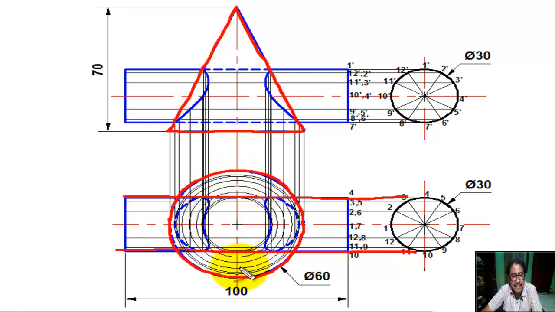Now parallel to the y-axis draw a vertical line at 50 millimeter distance from the y-axis, and on the right side draw a vertical line, also 50 millimeter distance.